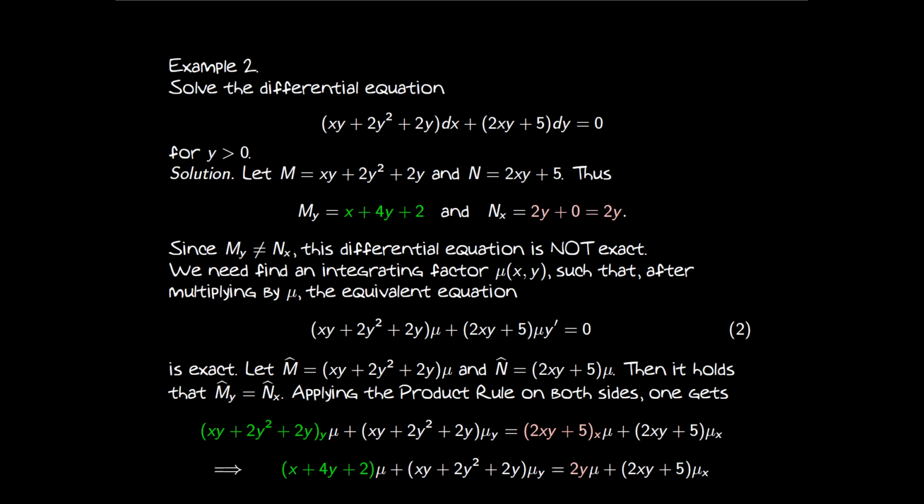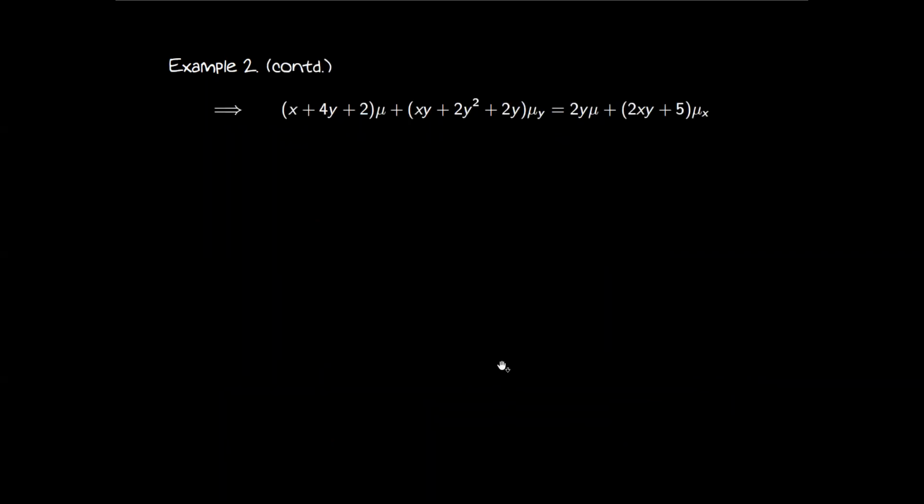Okay, once again, we're going to focus on this one. And this time, again, we're going to get a PDE for the mu. But we already know from the first example that we can just think about mu as either a function of x or a function of y, so that you do not have to solve a PDE here, right?